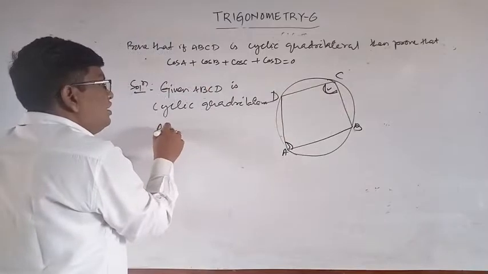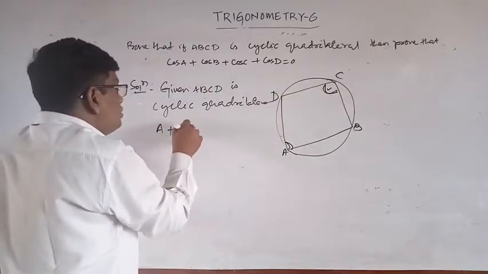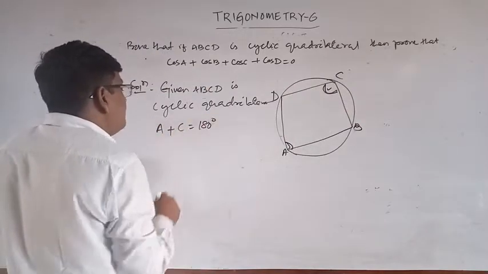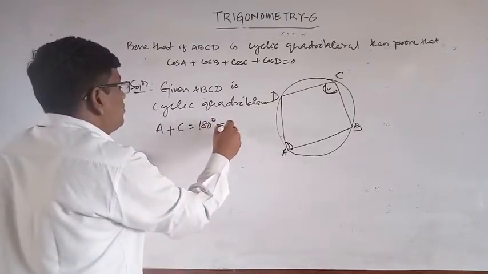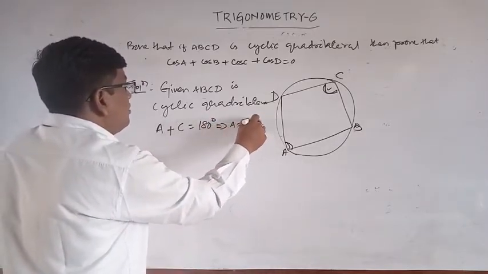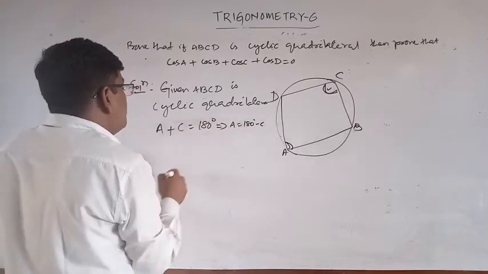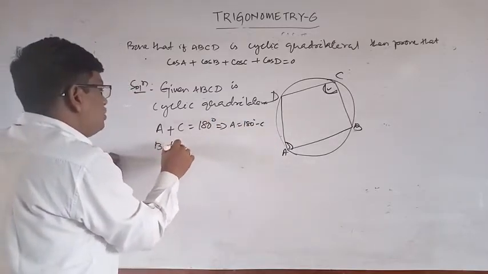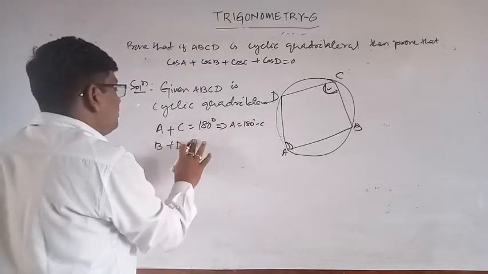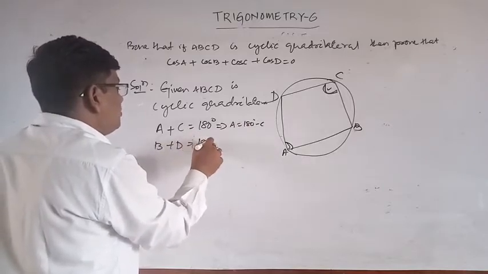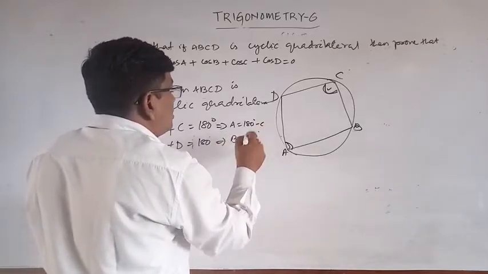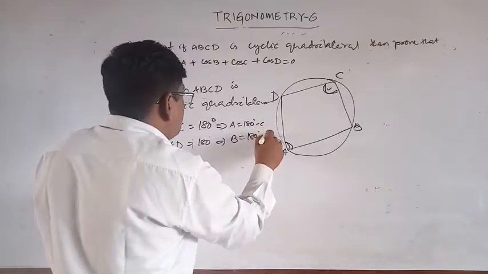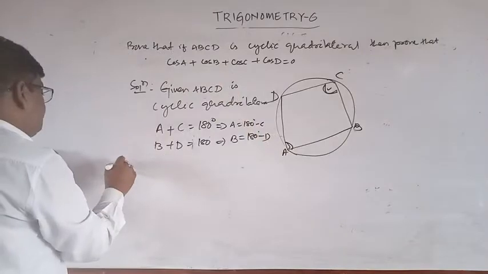That is A plus C is equal to 180 degree, and that is A equal to 180 degree minus C. Similarly, B plus D is equal to 180 degree. That implies B is equal to 180 degree minus D.